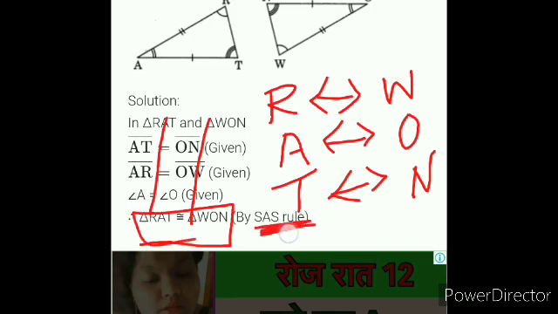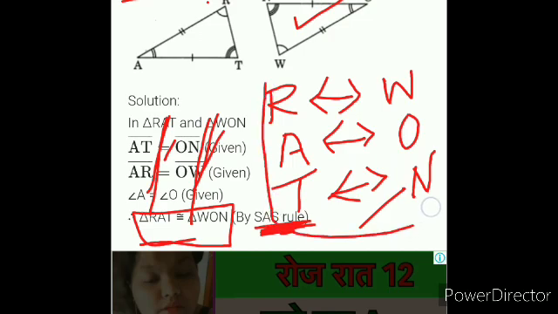This is not necessary. Don't write. Okay, triangle RAT congruent to triangle WON. This much is enough. What they are asking, we can write triangle RAT equal to name of this triangle. That's all. They are not asked to prove which criterion and all, so it is not necessary. Only you write this much. Enough. Okay. Yes. Copy down.